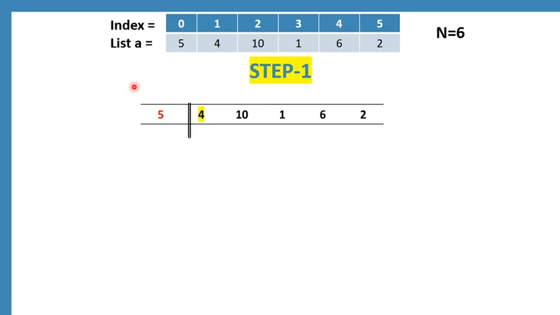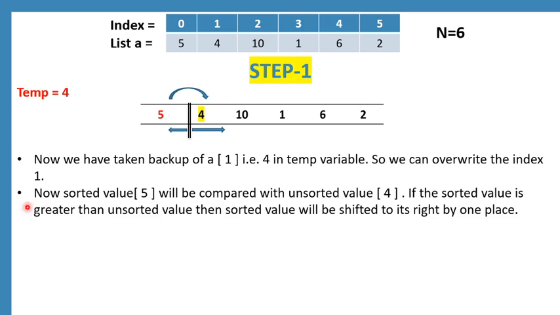Okay, now first we will take this 4 and store this 4 in temp. We will take the backup of 4 in a temp variable, so that we can overwrite index 1, because we have to do a right shift, and if we right shift 5, then what will happen? 4 will be overwritten, and if we need 4 for further process, it will be lost.